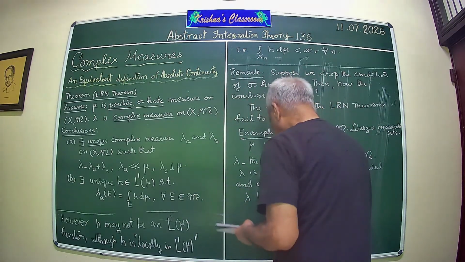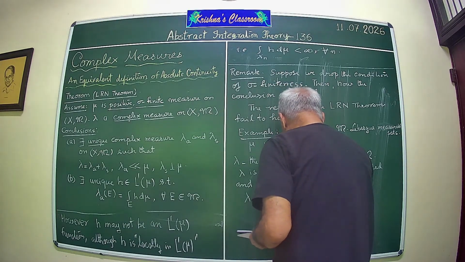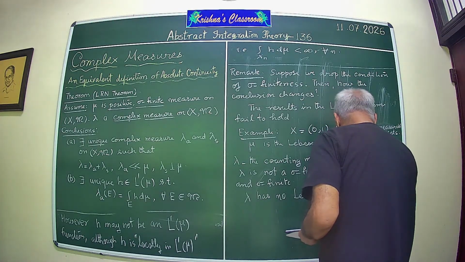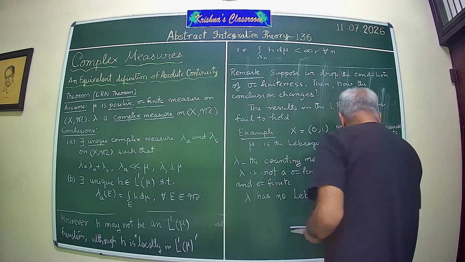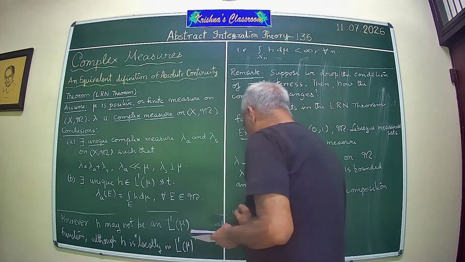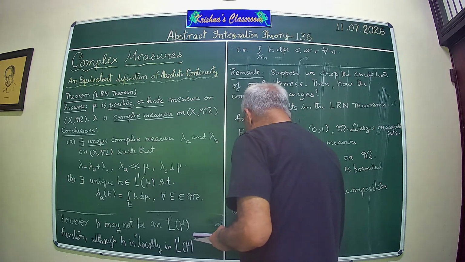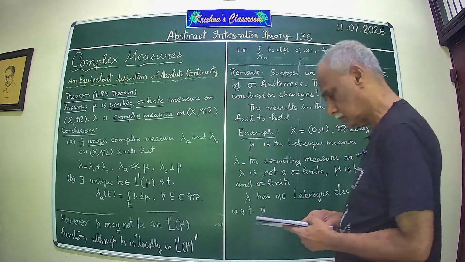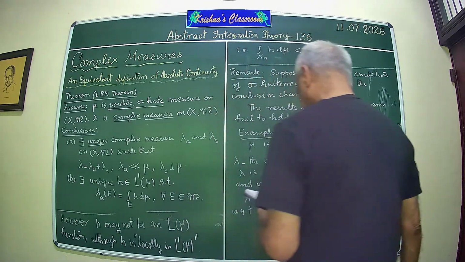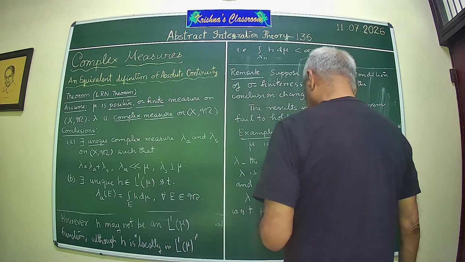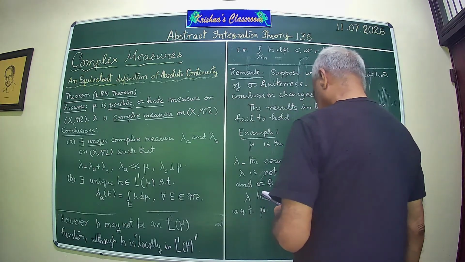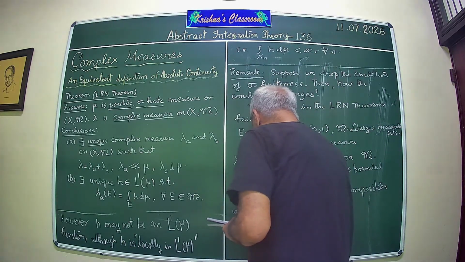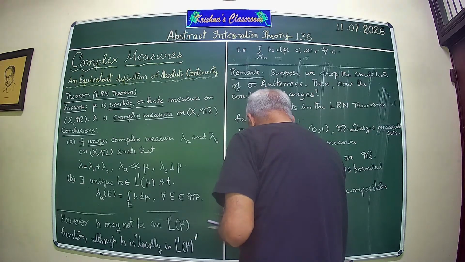Okay. So now what we assert is that lambda has no Lebesgue decomposition with respect to mu. And you see that mu is absolutely continuous with respect to lambda.